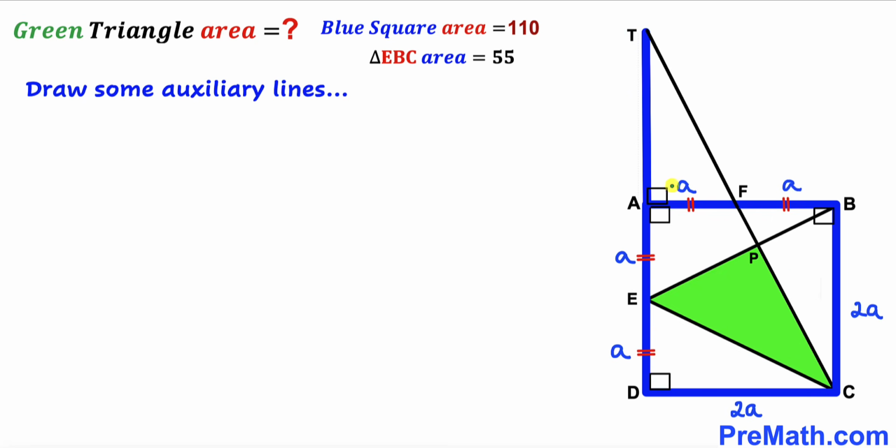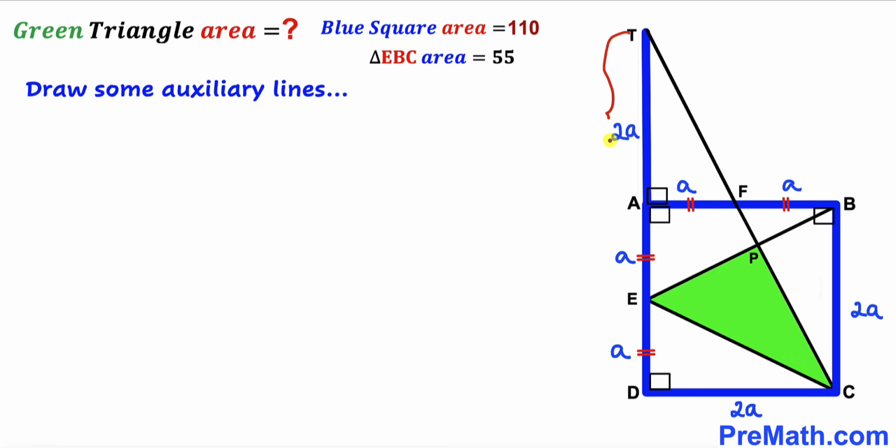By the property of symmetry, segment AT length is going to be equal to segment AD length. If this is 2a, then this side has got to be 2a as well.